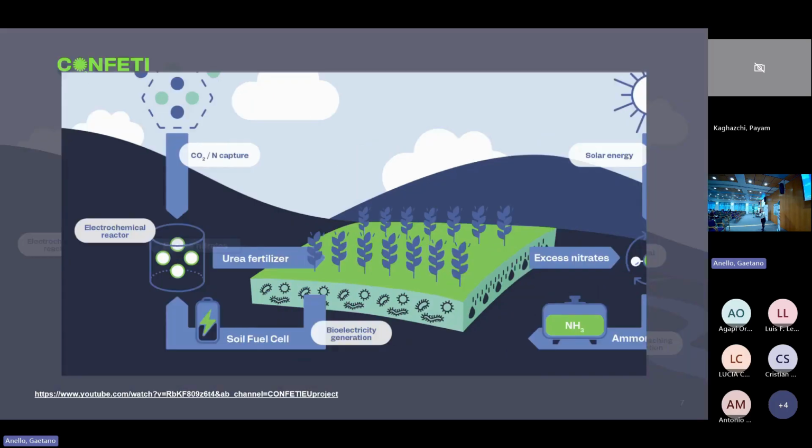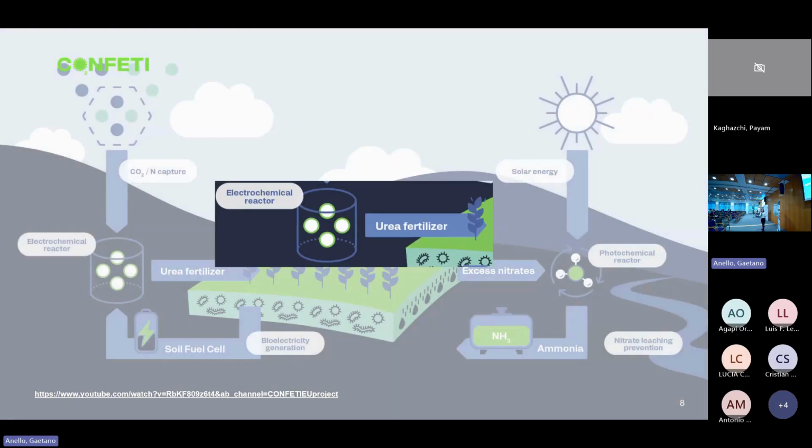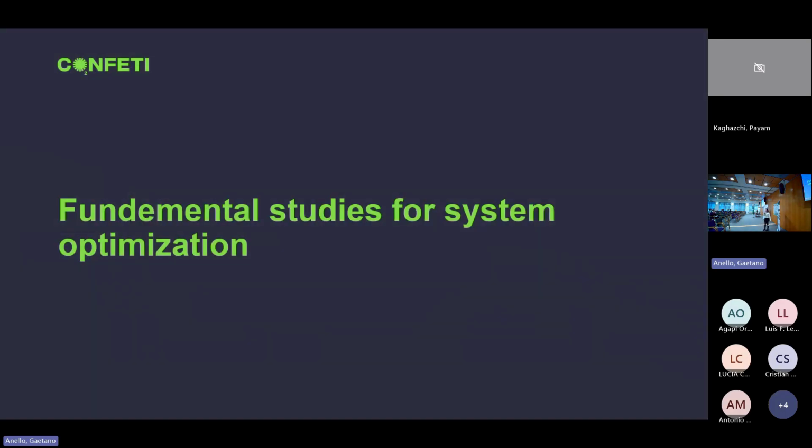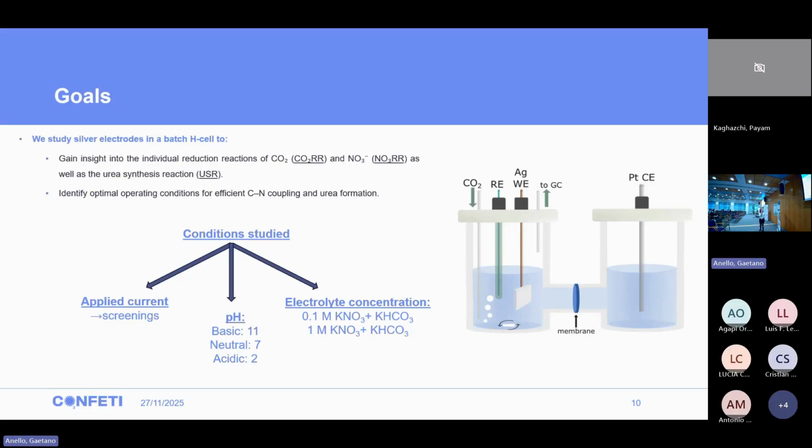My work in this project focuses mainly on the electrochemical reactor, and the first study that I did was to enhance the operational conditions of this reactor in order to optimize it. So the goals were to separate the reduction reactions of CO2 alone and then nitrates alone before combining them together to check for urea.